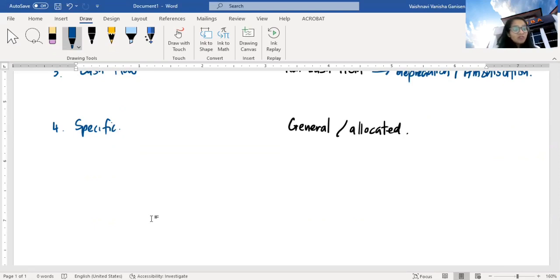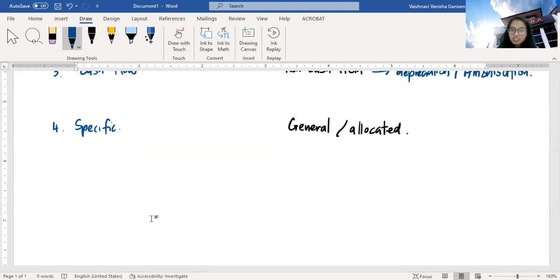The non-relevant portion is a general or allocated cost. Example, your general fixed cost. Whether or not you have the decision, you need to pay this cost. So it's not incidental to the decision, but you have to incur it.